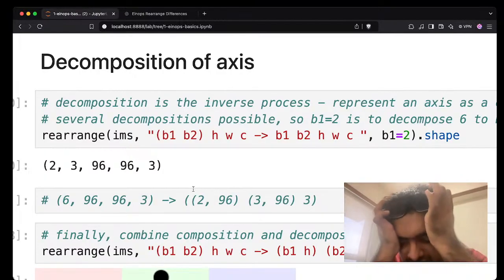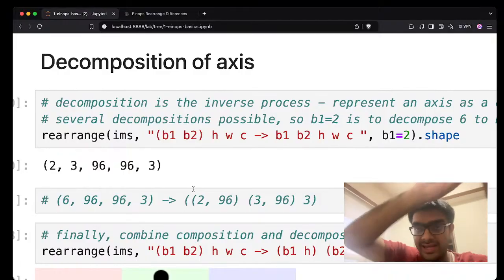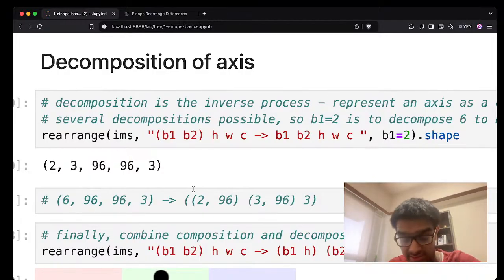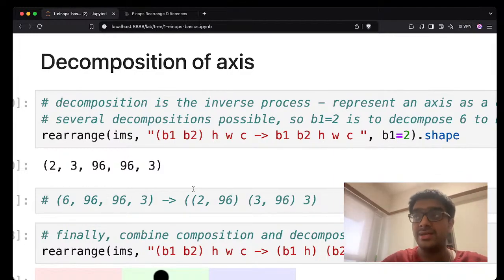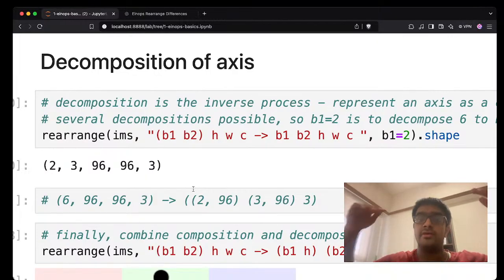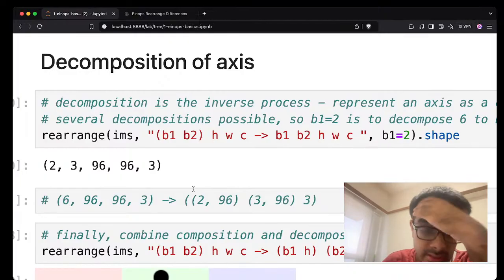We have a row of 96 elements, each of which has 3 numbers inside. We're splitting it so that each row becomes the first 48, next 48, first 48, next 48. That's what this thing does.